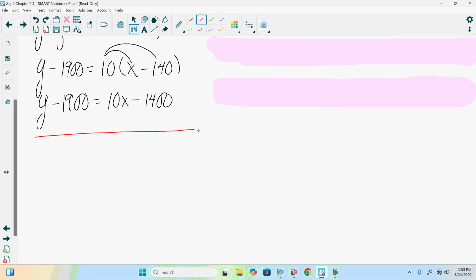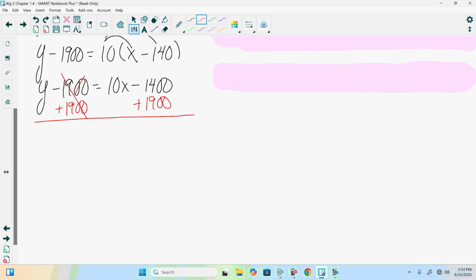Then we would add 1,900 to both sides. Negative 1,900 plus 1,900 is 0, yes? We still have the 10x. Negative 1400 plus 1900 would be positive 500.